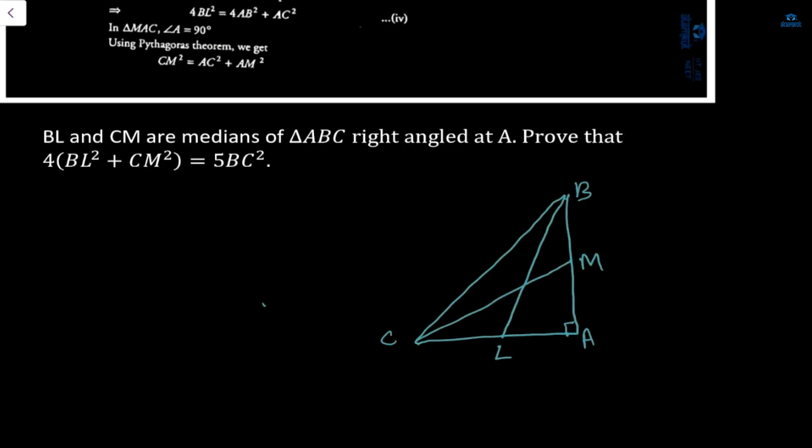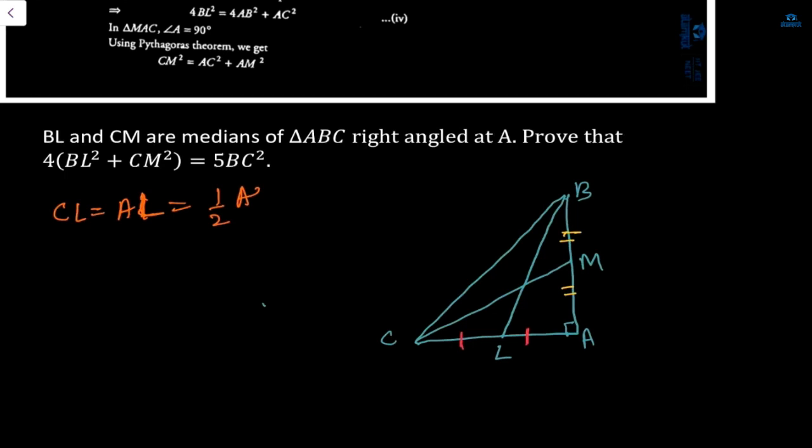See, what does a median do? A median divides the side into two equal parts. Since it is a median, this is equal to this, and using a different color, this will be equal to this. This is the property of the median. So CL is equal to AL, which is half of AC.